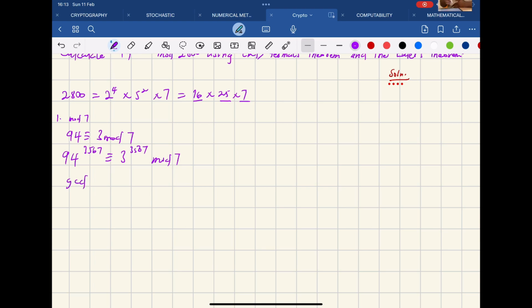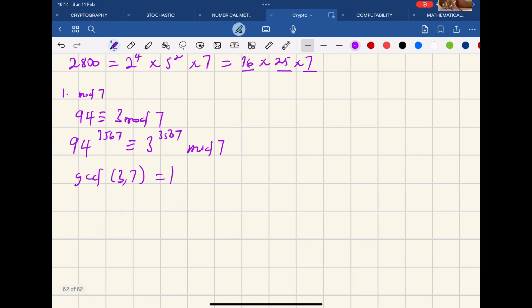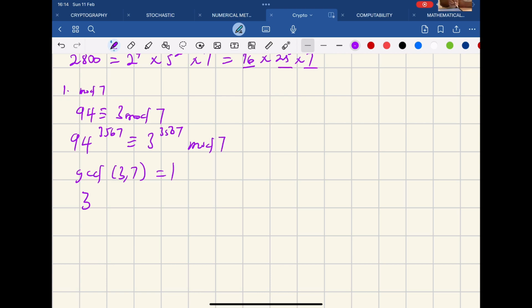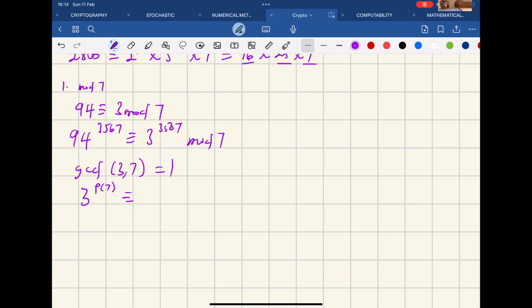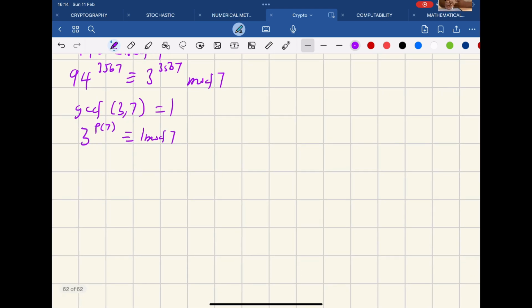Now you have to check the GCD of 3 and 7, and the GCD is 1. Because the GCD of 3 and 7 is equal to 1, we can use either Fermat or Euler. Because 7 is a prime number, we can straight ahead use Fermat's theorem. So 3 raised to the power phi of 7 will always be congruent to 1 mod 7.